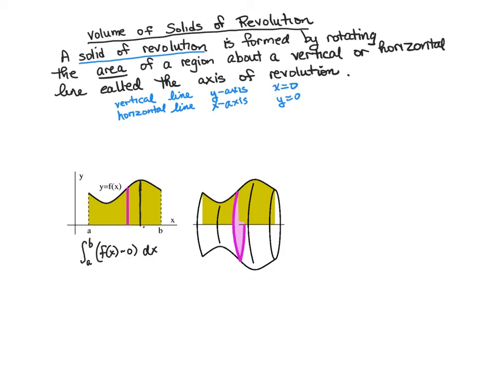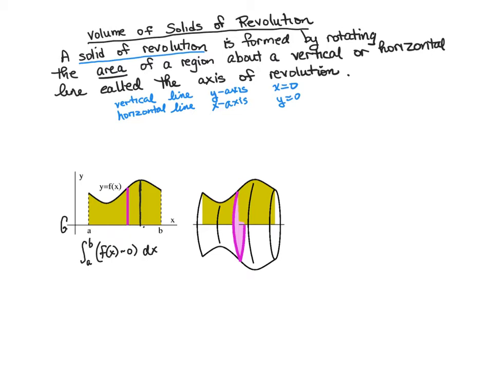Now, if we revolve this region about the x-axis, let's see what happens. All the rectangles that we used to find the area are now going to be rotated, and we're going to sum up the volumes of those to approximate the volume of the solid of revolution.